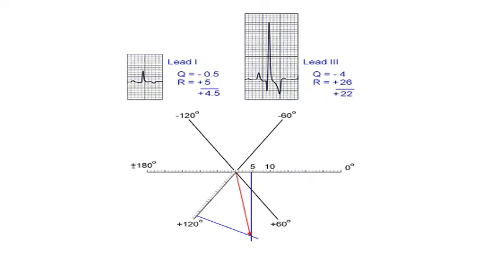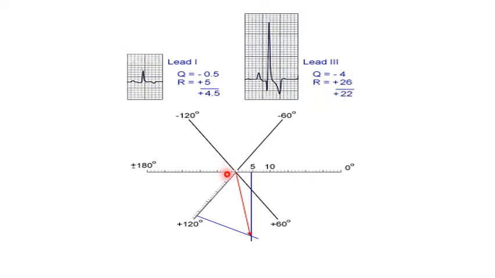Another example here to measure the cardiac axis angle. We have here lead 1 and lead 3, and we measured the Q and R. Here is positive 4.5, and here is positive 22.